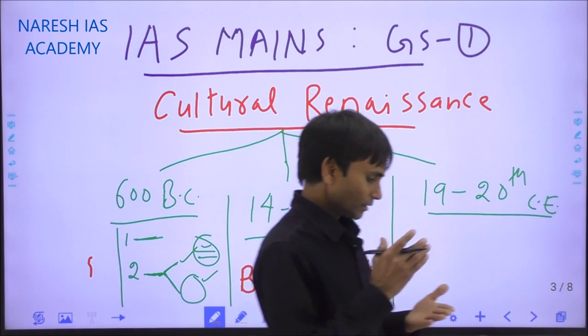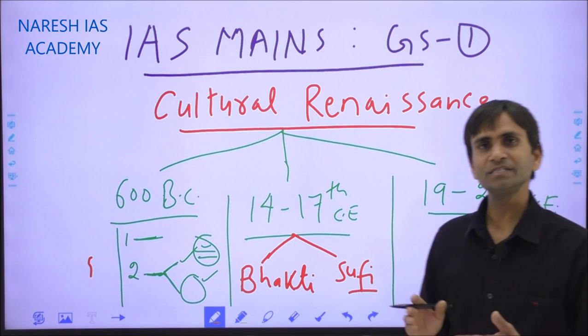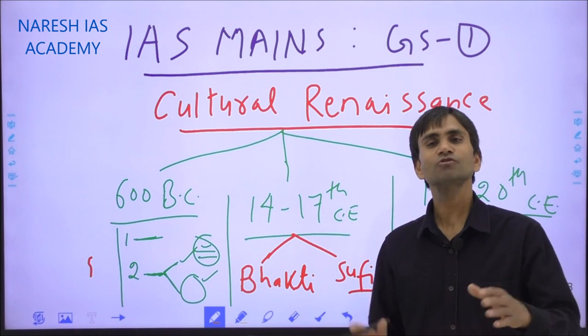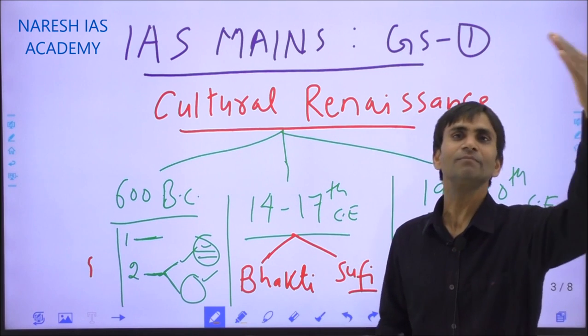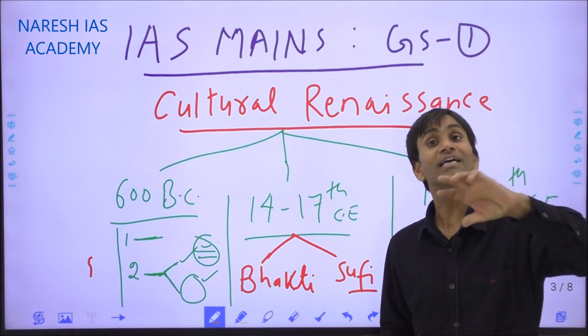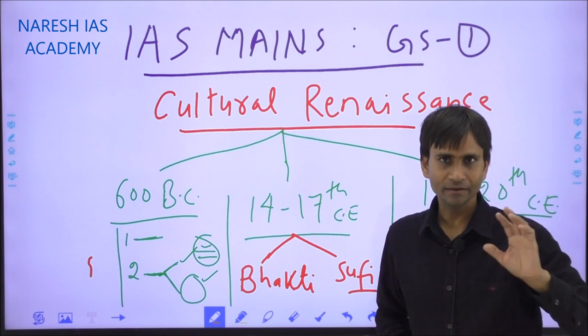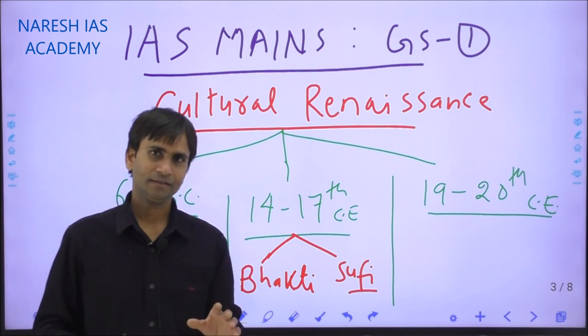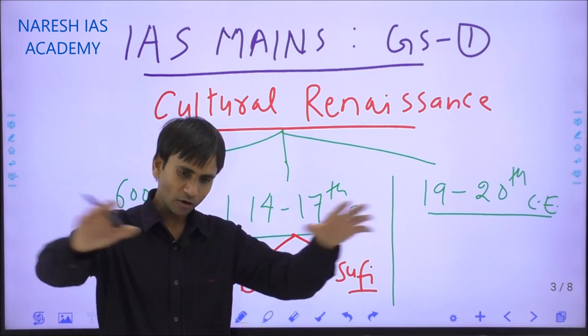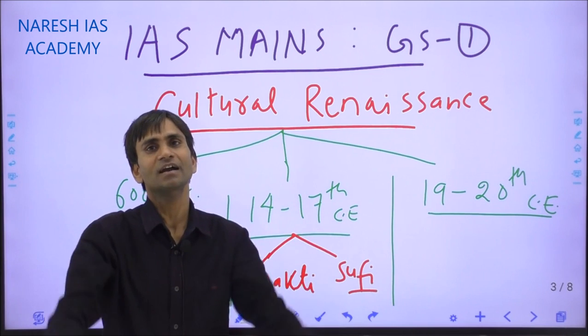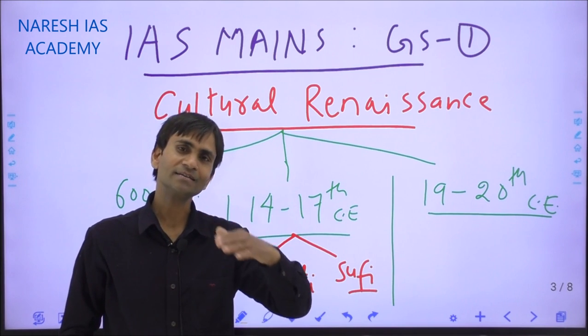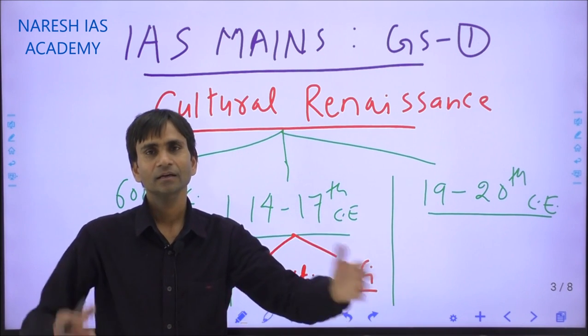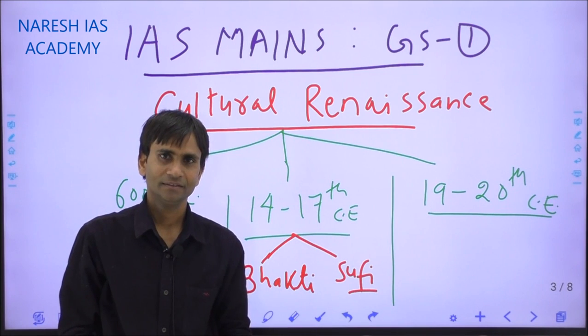Second, due to the Bhakti or Sufi saints, different kinds of musical instruments were invented. And next is the folk culture, in which local or regional dancing styles, local or regional singing styles and performing arts started.